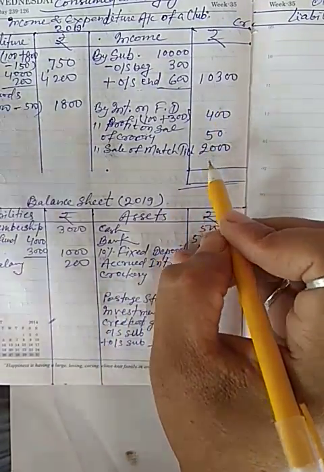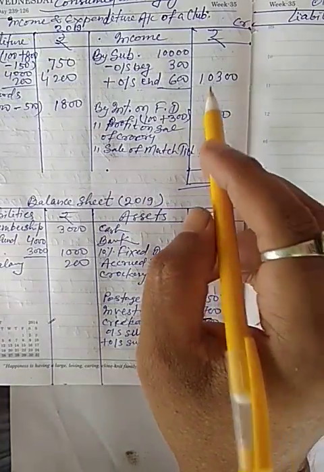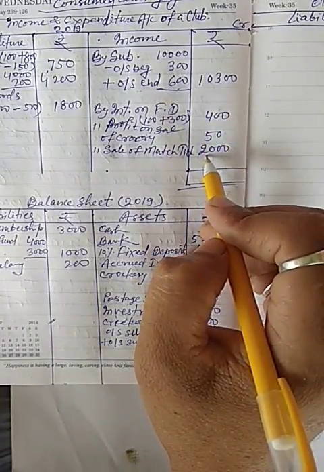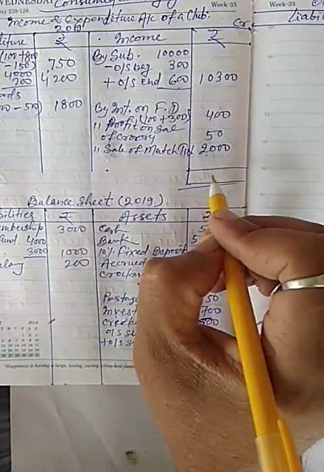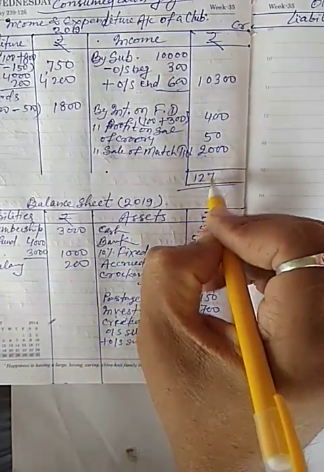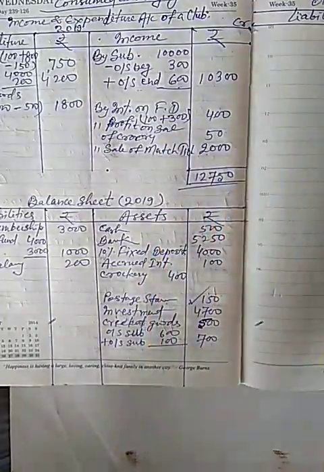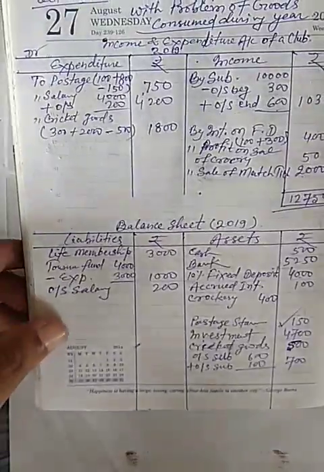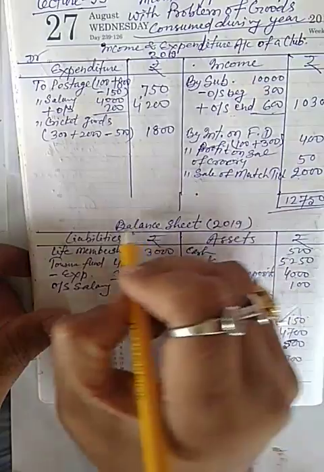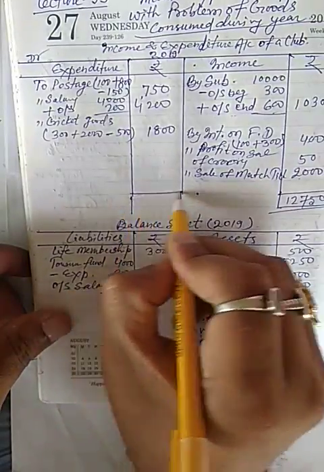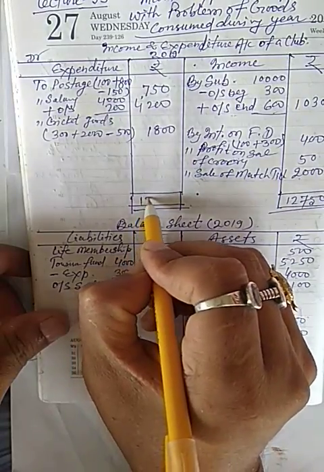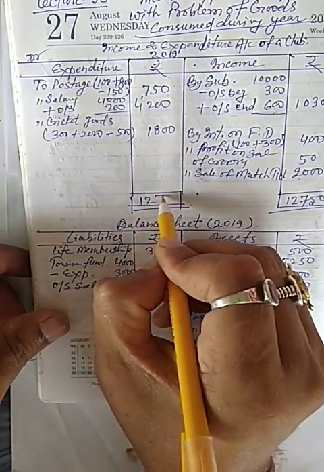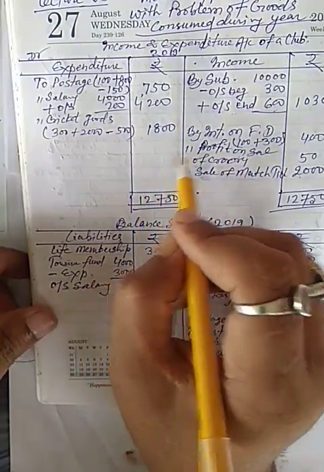Total of the income and expenditure account will be 12,750, and in the debit side also 12,750.